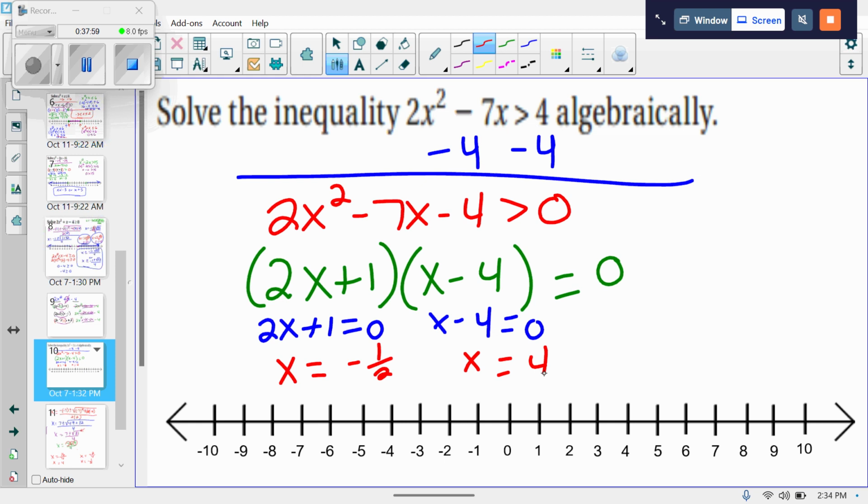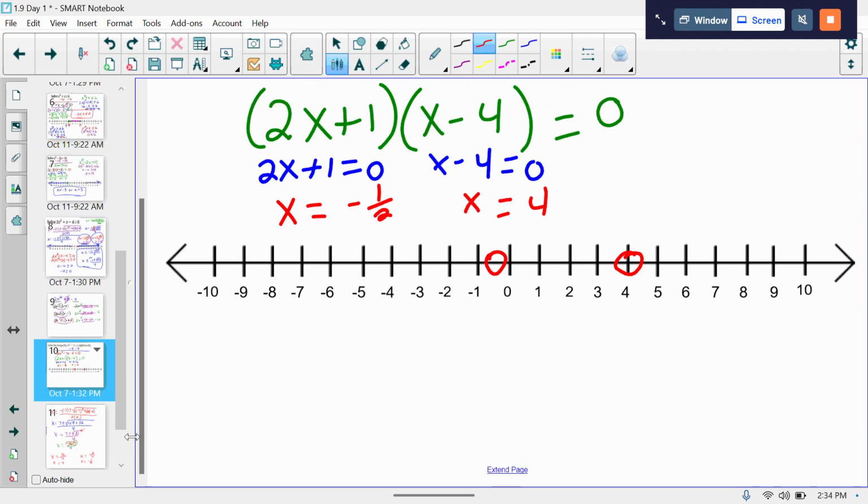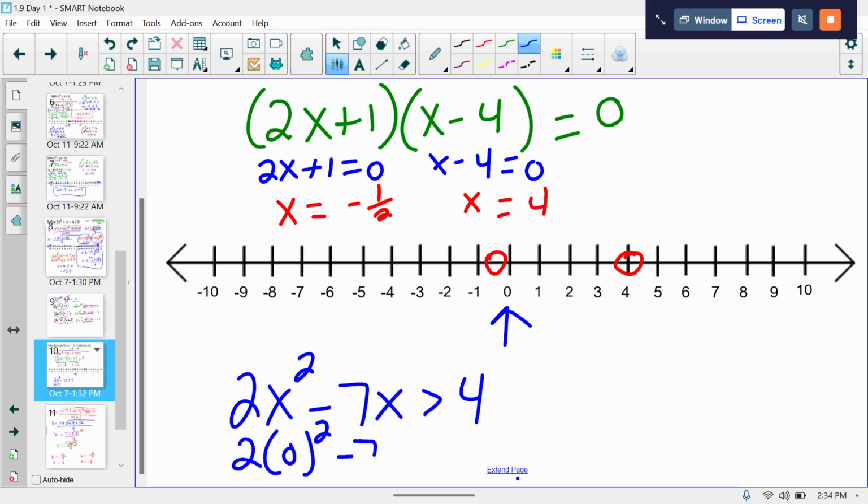So again, you're going to put open circles at negative 1/2, right in the middle it should be, and positive 4. And you're going to test a point, okay? So like we could test 0, remember, is the easiest. If I recopy this and I fill in 0, and I test it, because you're going to have a bunch of zeros here, it's just going to give you 0.